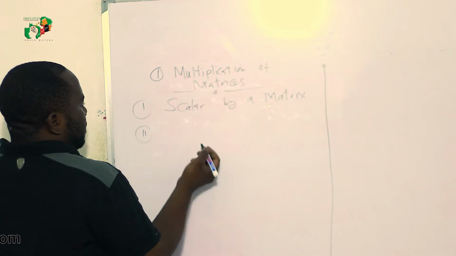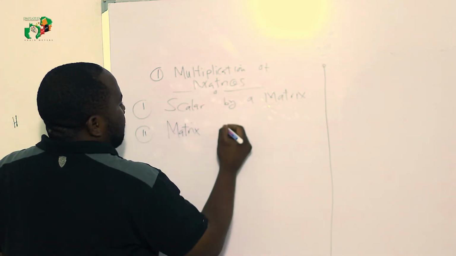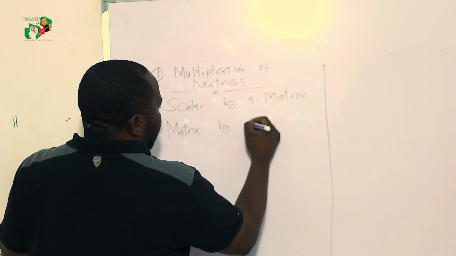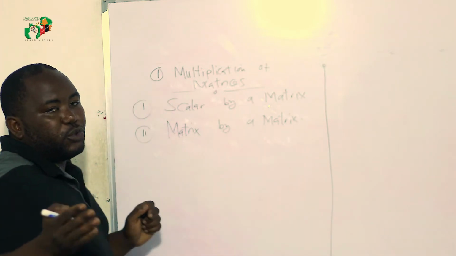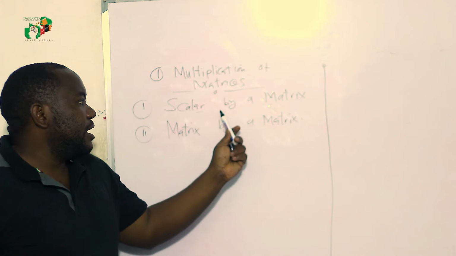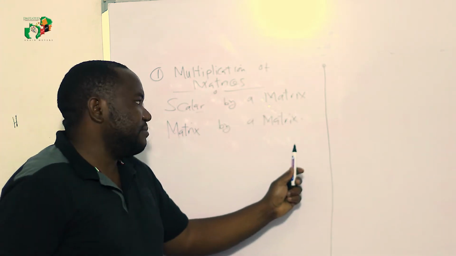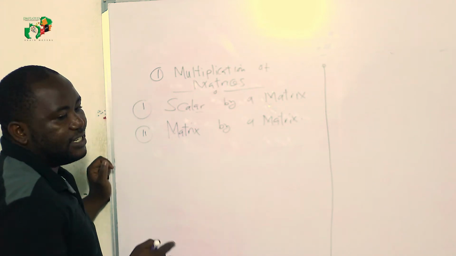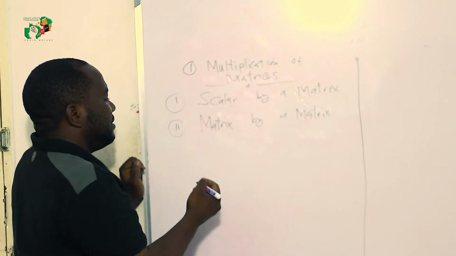Number two, we'll look at a matrix by a matrix. There are only two ways we can multiply matrices: either a scalar by a matrix or a matrix by a matrix. So we'll start by looking at multiplication of a scalar by a matrix.